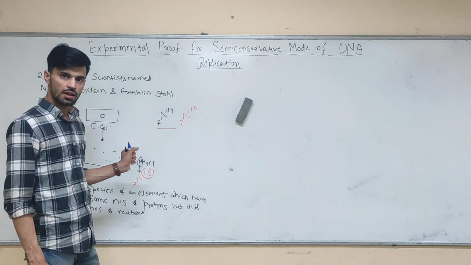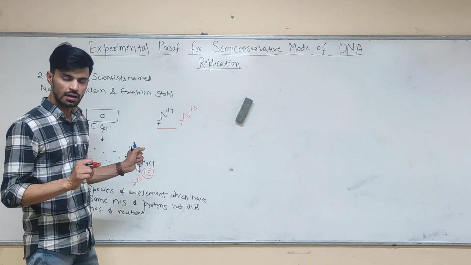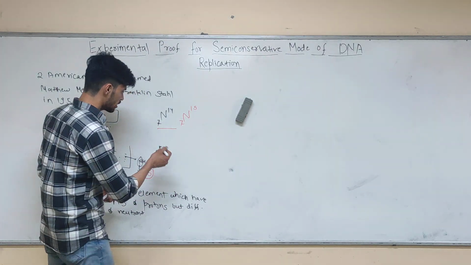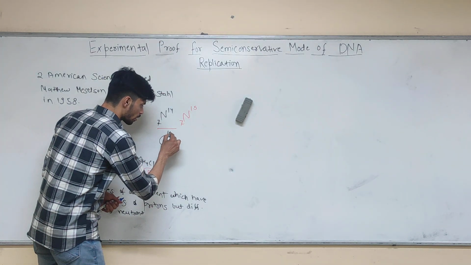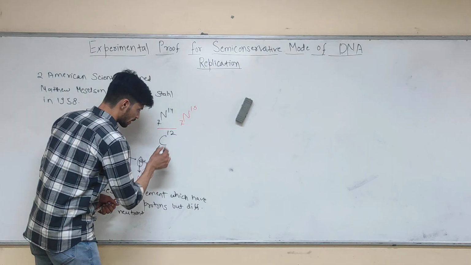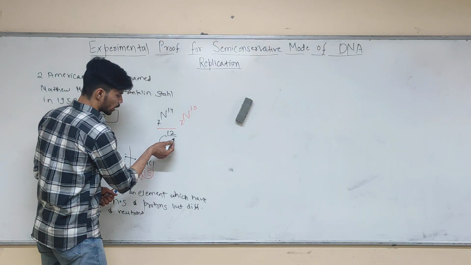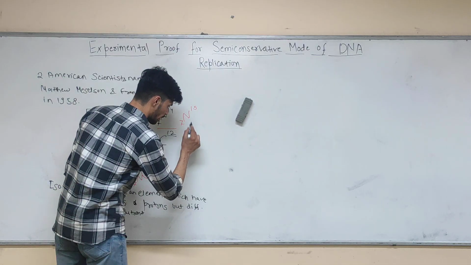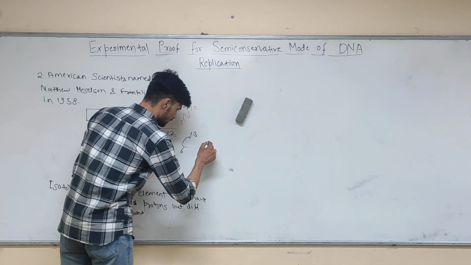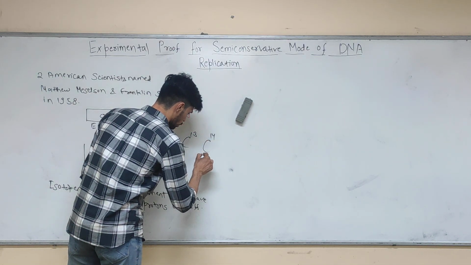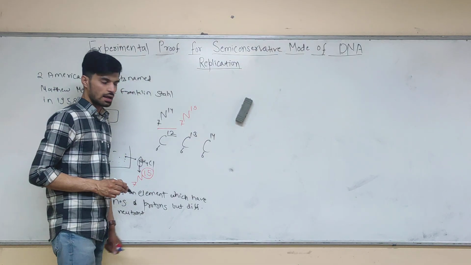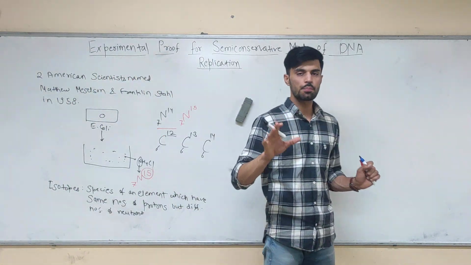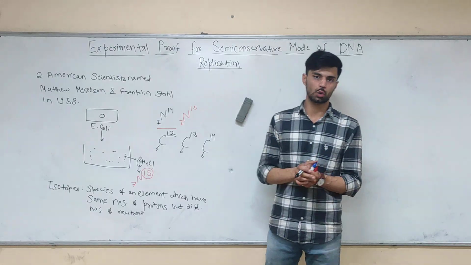Like this, carbon has three isotopes: the first one which we study has the atomic mass 12, the second has atomic mass 13, and the third has atomic mass 14. Like this, in our periodic table, many elements have different kinds of isotopes.